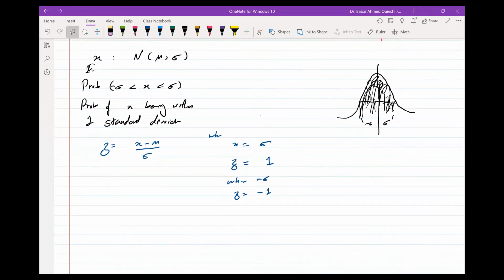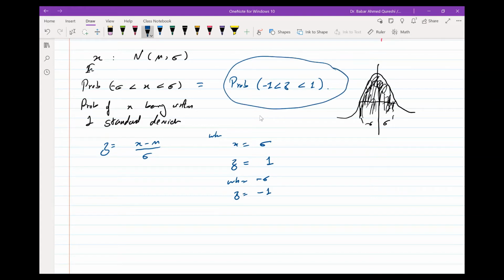So it's saying the same thing: the answer for X being within its standard deviation would be the same as Z being within its standard deviation. So all these normal curves give you the same answers if you translate the standard deviations. Whatever the answer is for one particular normal, within one standard deviation it would be the same as any other normal. So you can just compute this one, and that will give you the answer.